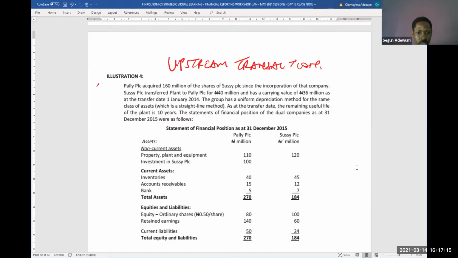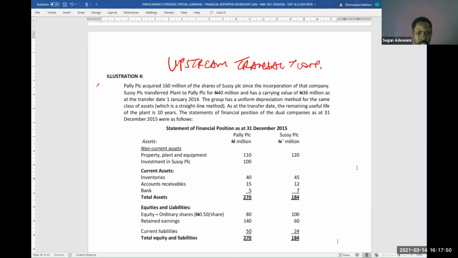Statement of financial position as at 31st December 2015 for Pali PLC and Suzy PLC, figures in million naira. Property, plant, and equipment 110 for Pali and 120 for Suzy. Investment in Suzy PLC 100 for Pali. Inventory 40 and 45. Account receivables 15 and 12. Bank 5 and 7.